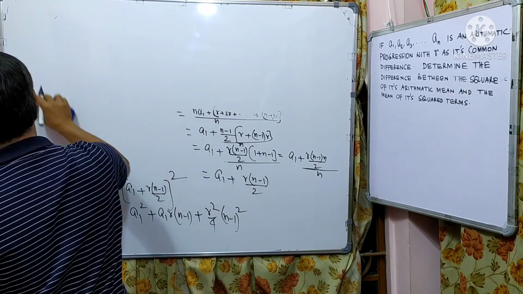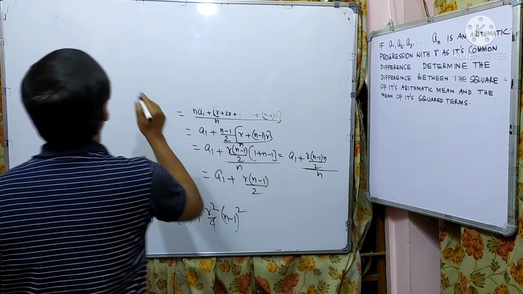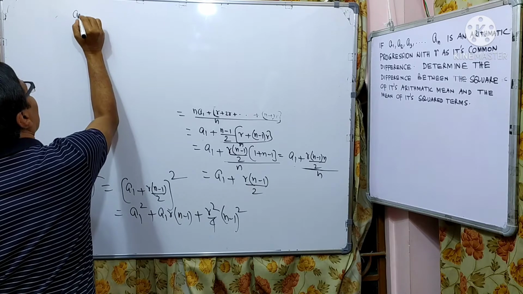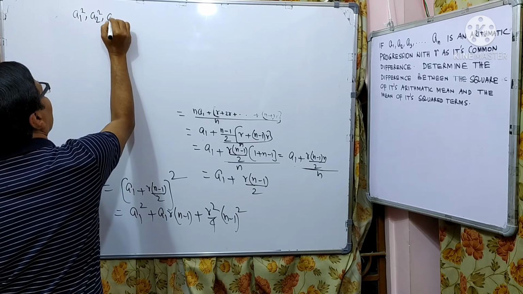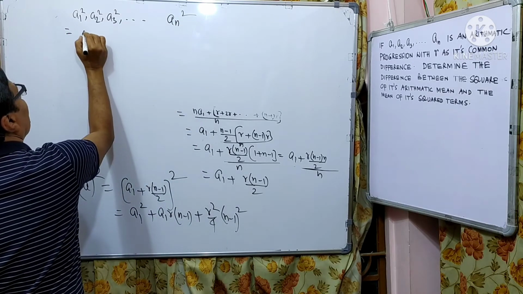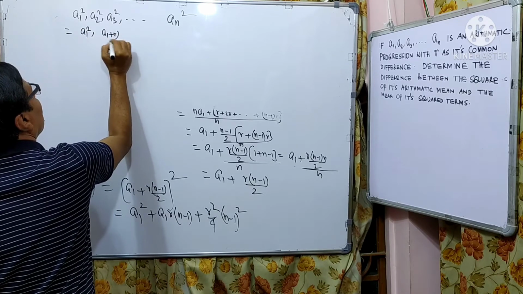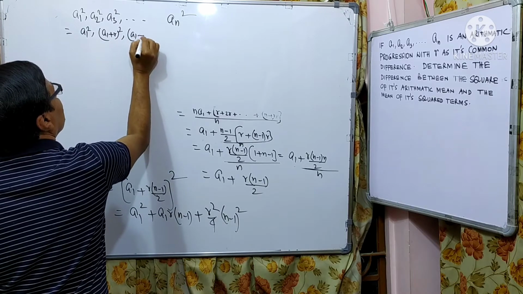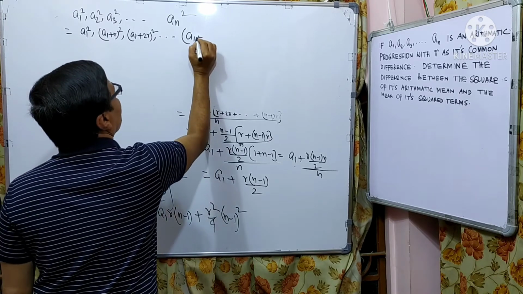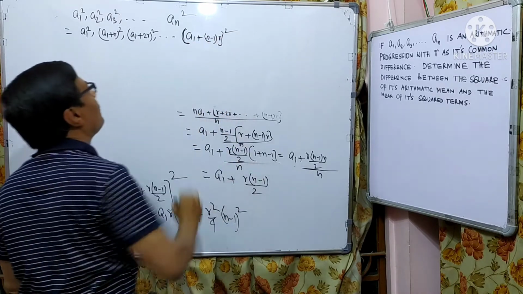Next we calculate the mean of the squared terms of this arithmetic progression. The squared terms are a1 square, a2 square, a3 square, and so on, an square, equal to a1 square, a1 plus r square, a1 plus 2r square, and so on, a1 plus n minus 1 into r square.